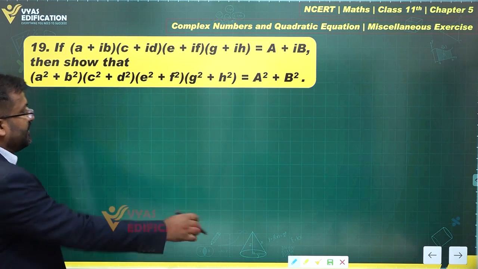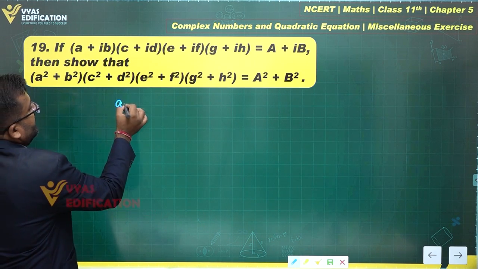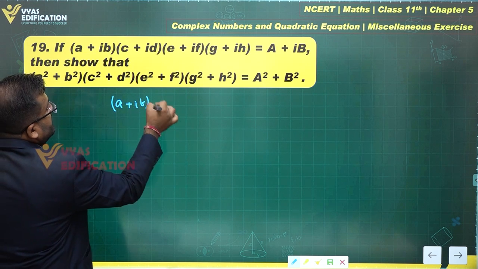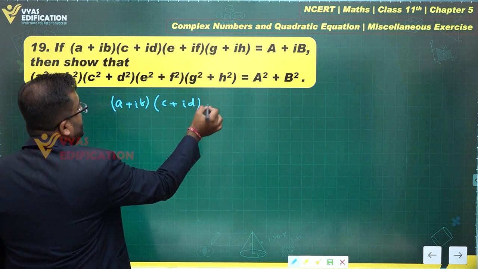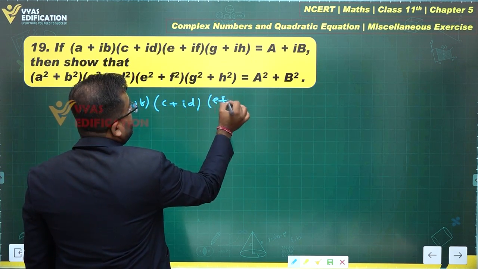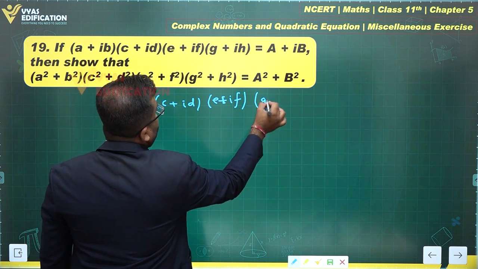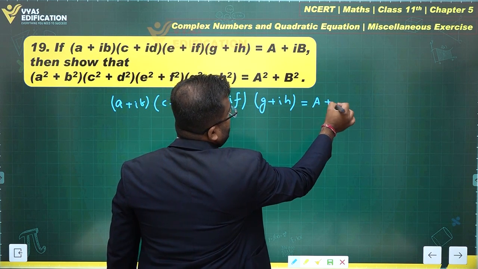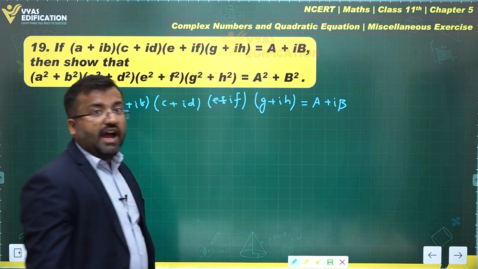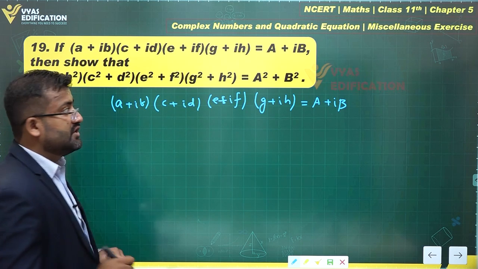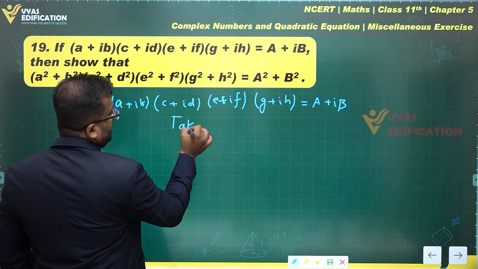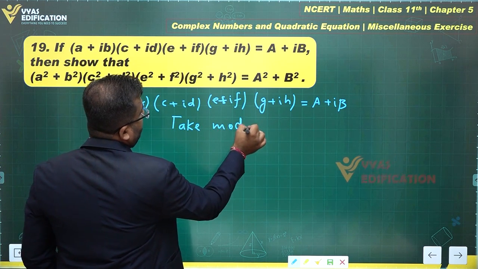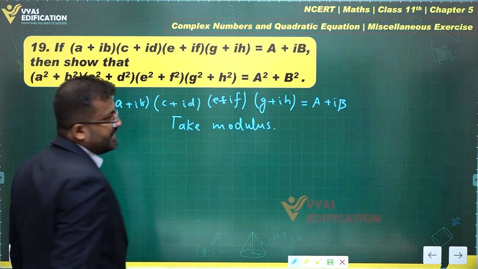So what we'll do is, we'll begin with what is given. Given that a plus ib times c plus id times e plus if times g plus ih is equal to capital A plus i capital B. We'll begin with this. And we'll take modulus on both sides.